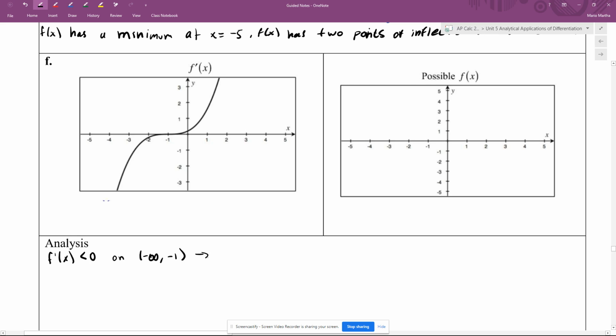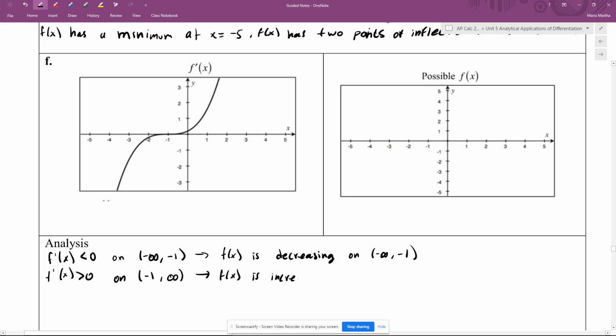And this means that f of x is decreasing on that same interval from negative infinity to -1. And then we're looking at when it is positive. So f prime of x is positive on the interval from -1 to positive infinity. And again, that means that f of x is increasing on that same interval, -1 to positive infinity.